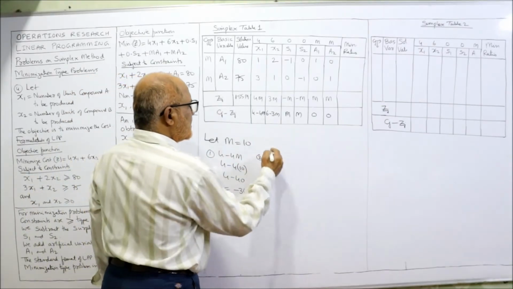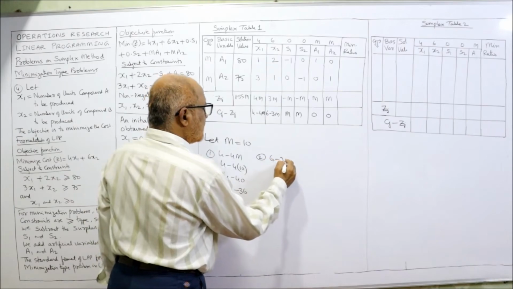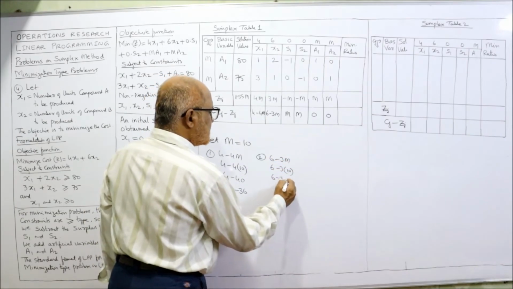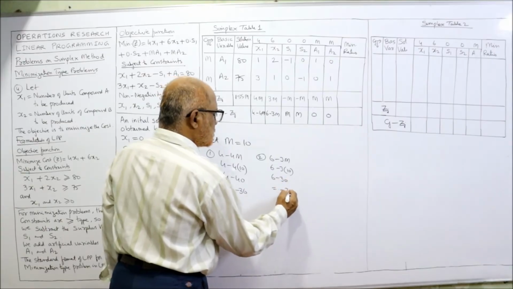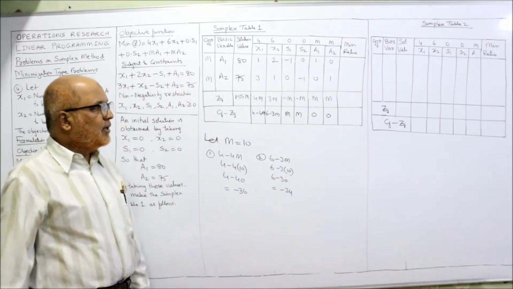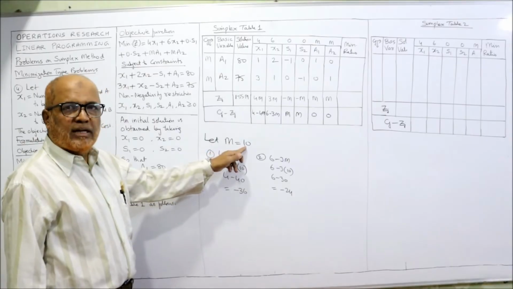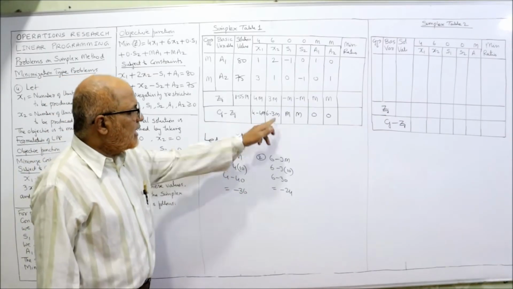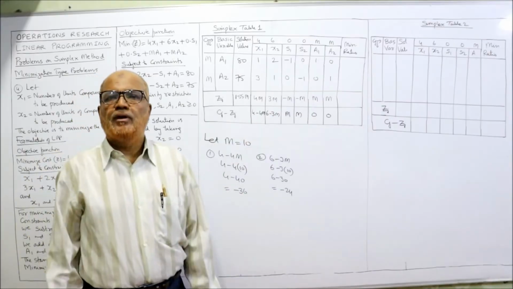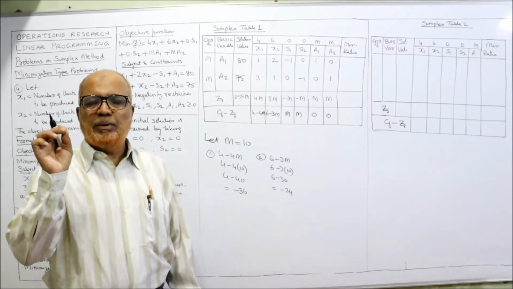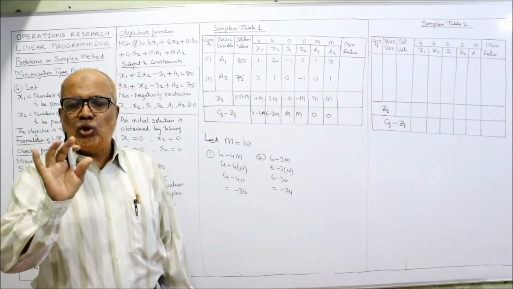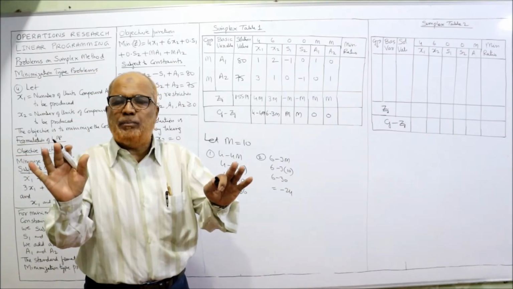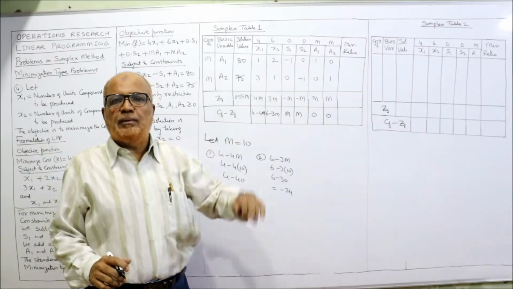Second, 6 minus 3m, that means 6 minus 3 into 10, 6 minus 30, it is minus 24. So if we suppose m is equal to 10, this value we are getting minus 36 and this value we are getting minus 24. All the values should be positive and zeros. There should not be any negative, but we are having two negative values. So it is not optimum. We have to prepare another table, right?